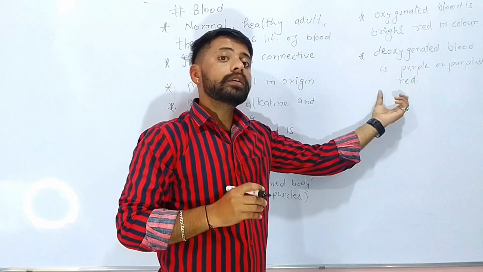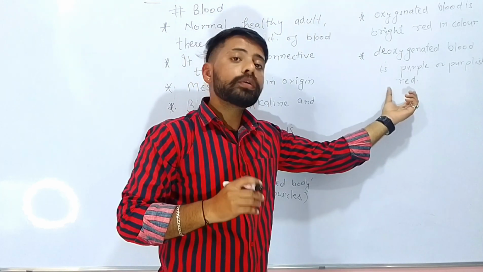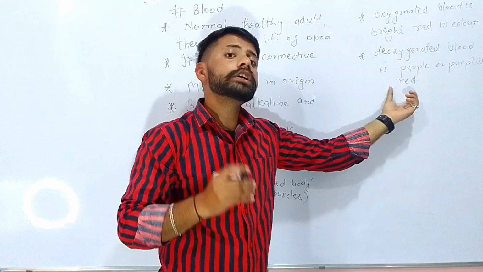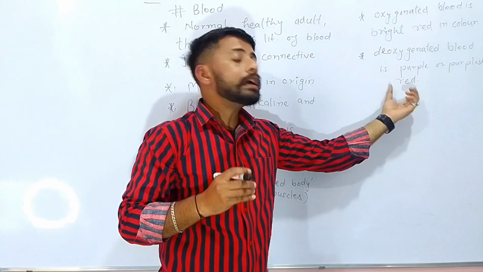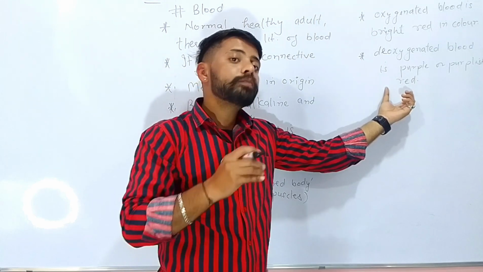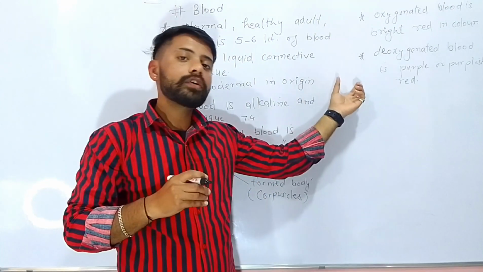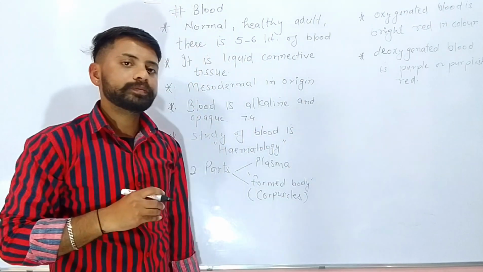Therefore, veins carry the deoxygenated blood, and that's why the veins are represented in blue color. That's why we use the red color for arteries and blue color for veins.